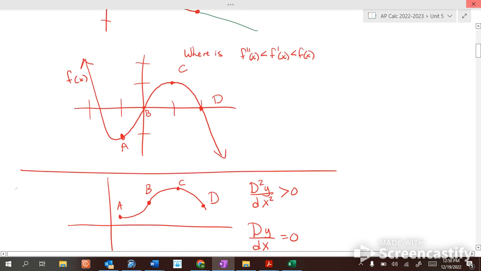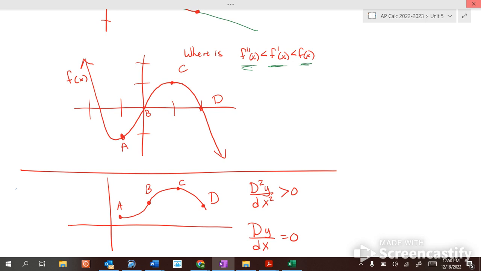This one I think is an easy one. Where is the second derivative less than the first derivative less than the function, if this is a function? Well, what is the second derivative test? Concave up or down. So that has to be basically almost a negative number, that's less than this, which is less than this, and this is slope.